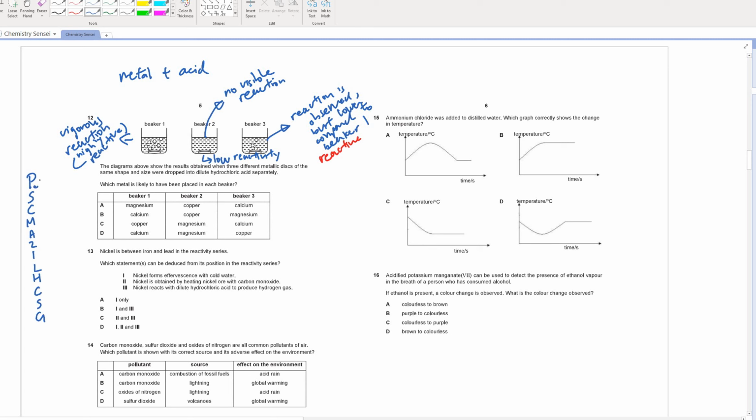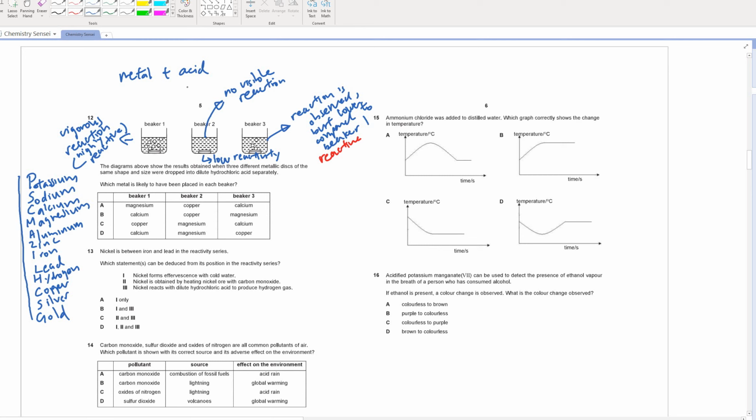Okay, so P is for potassium, S is for sodium, C is for calcium, M is for magnesium, A is for aluminum, Z is for zinc, I is for iron, L is for lead, H is for hydrogen, and the second C is for copper, S is for silver, and G is for gold. There are multiple methods out there, so this is the one that helps me the most.